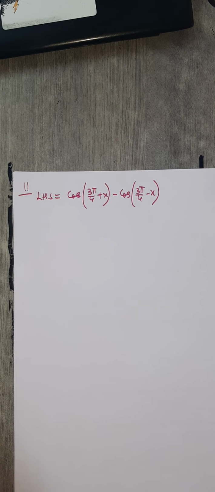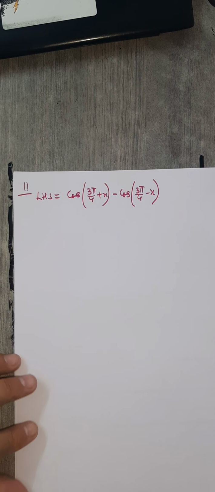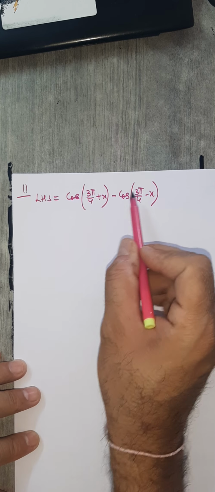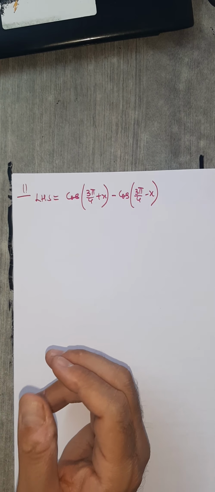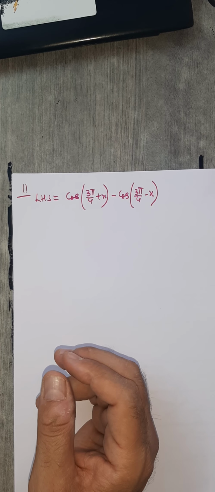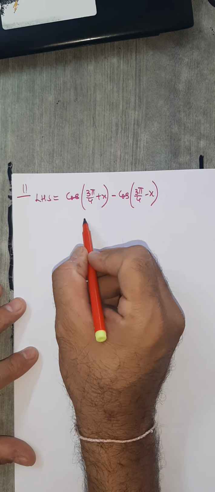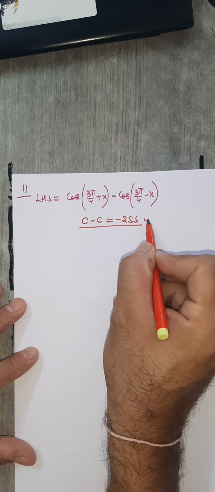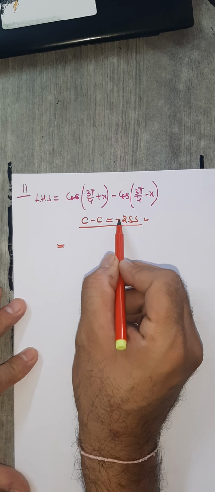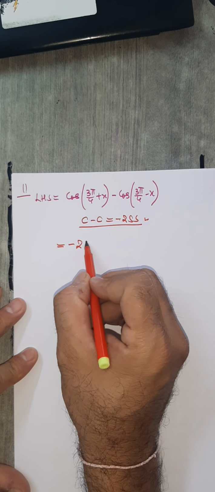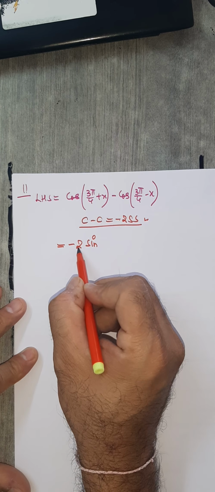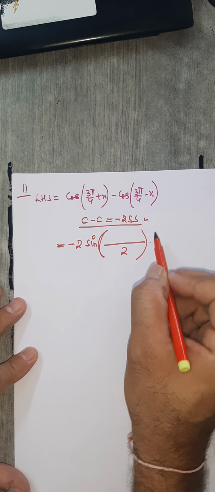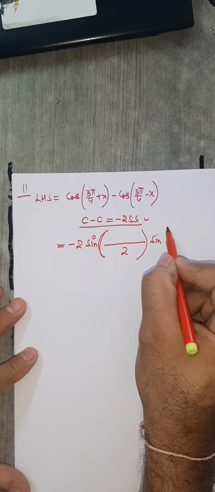Now one way is you can expand both using the cos(x plus y) and cos(x minus y) formulas, but that's not a good idea. What you should do is use the C minus C formula, which is minus 2 sin. So this equals minus 2 sine, and since you wrote 2, you need to write upon 2, into again sine, here, by 2.